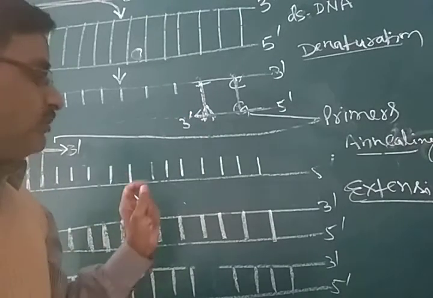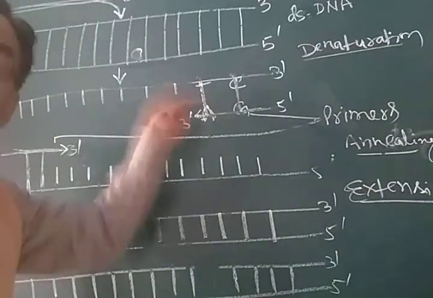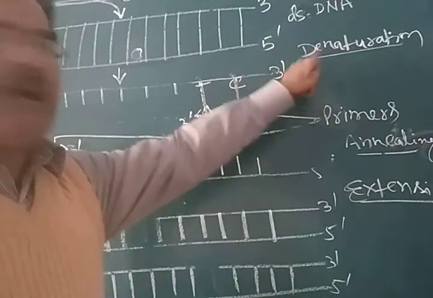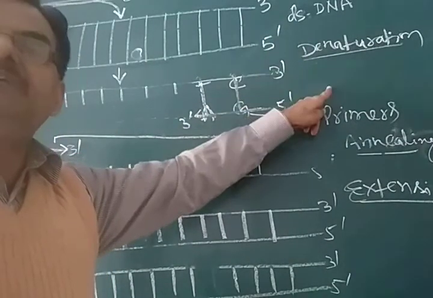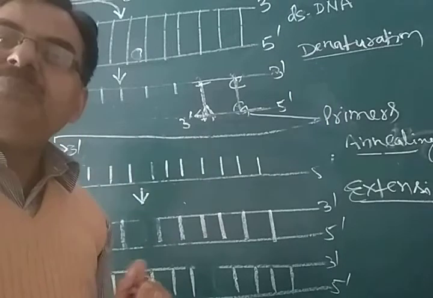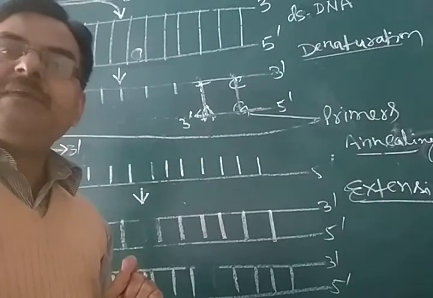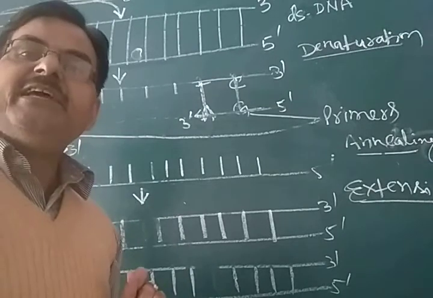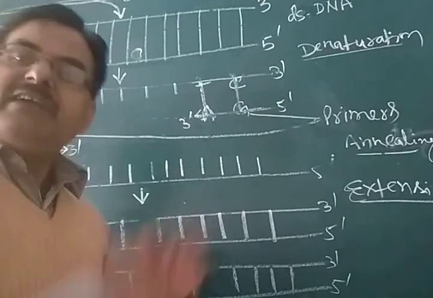Because this process is repeated many times, since we require billions of copies, it occurs at high temperature. During denaturation of the DNA strands, high temperature is required, so we use a special thermostable DNA polymerase enzyme that remains active at high temperature.